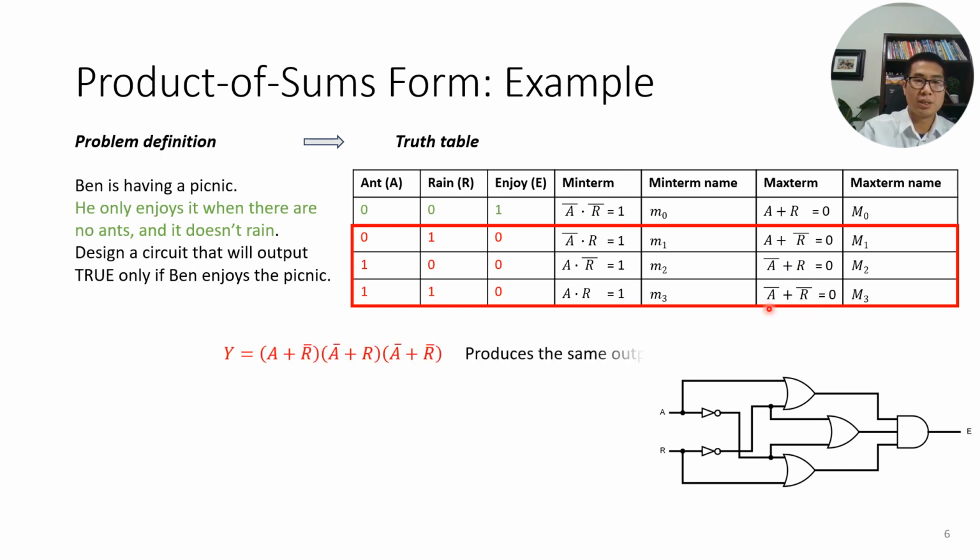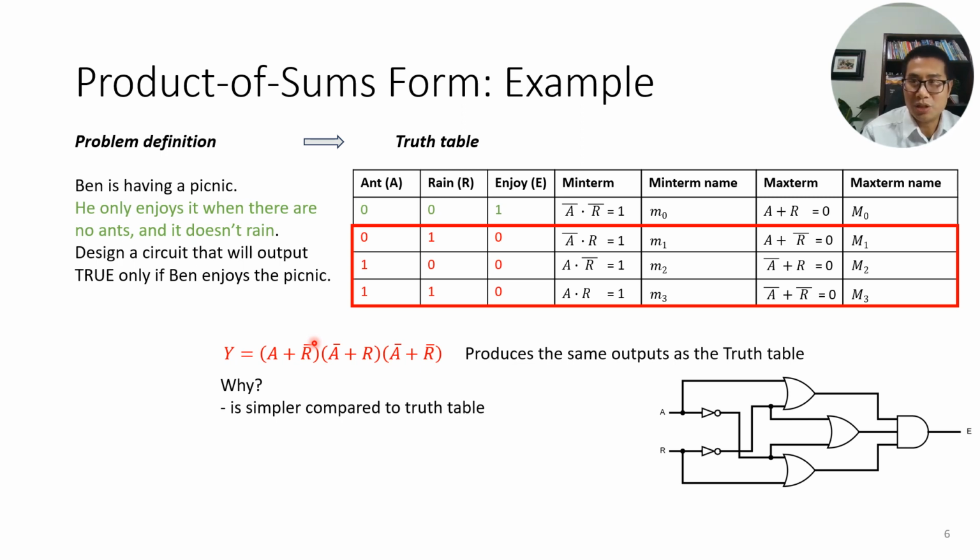So for this, it's going to produce A and not R. This is the first max term, dot product with not A and R, and dot with not A, not R, which is dot with not A. And on top of this, we're going to be able to produce the circuit like this. Now, why?